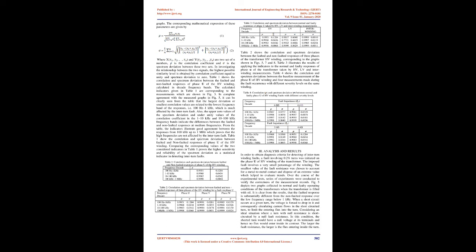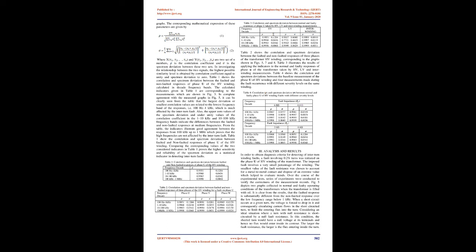The corresponding mathematical expressions of these parameters are given, where x and y are two sets of n numbers, ρ is the correlation coefficient and SD is the spectrum deviation between these two sets. In investigating the relationship between the two signals, the highest possible similarity level is obtained by a correlation coefficient equal to unity and spectrum deviation equal to 0.